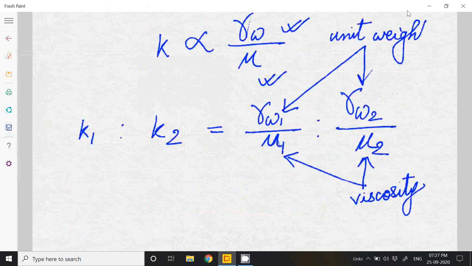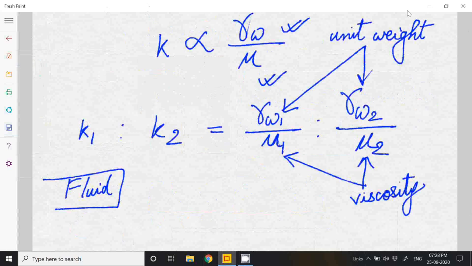It might not necessarily be the unit weight of water. Suppose instead of water, another fluid is moving through the soil.